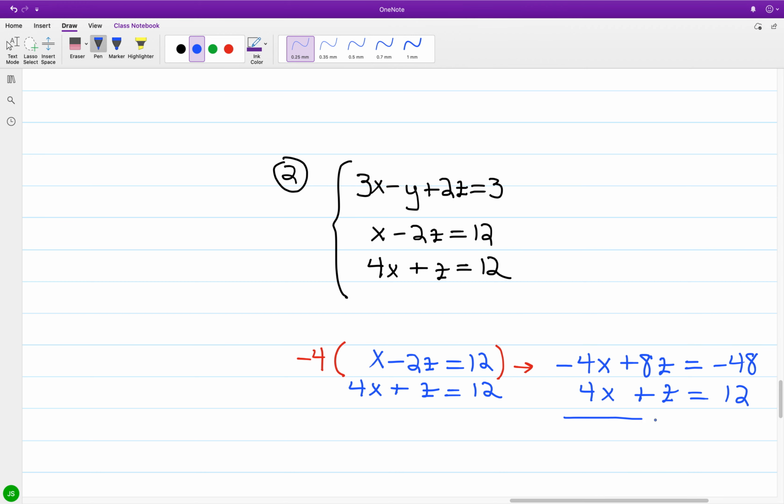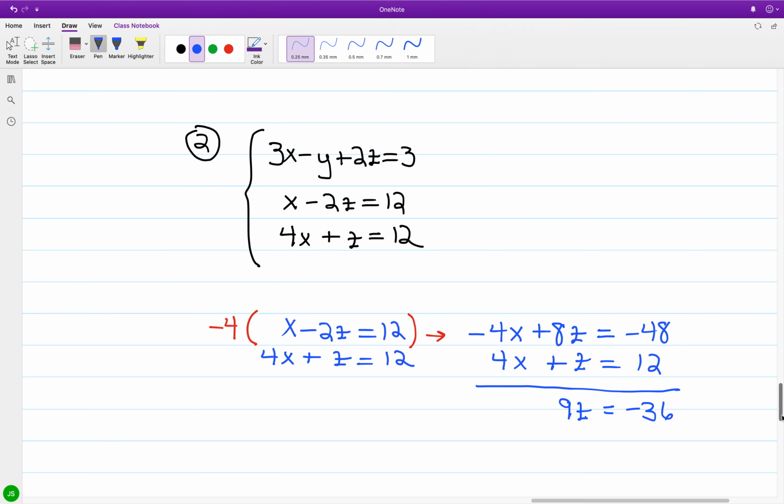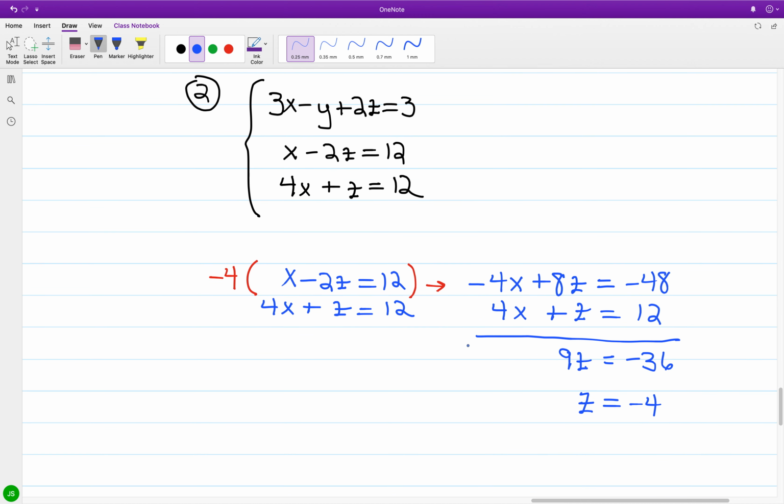So I can now add the equations together. Negative 4x plus 4x goes out. 8z plus 1z becomes 9z. Negative 48 plus 12 becomes negative 36. Solving for z, if I divide by 9, we have z is equal to negative 4. And again, I can take either equation and solve for x. We had x minus 2z equal to 12.